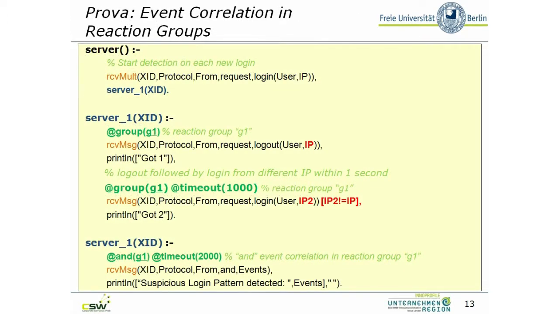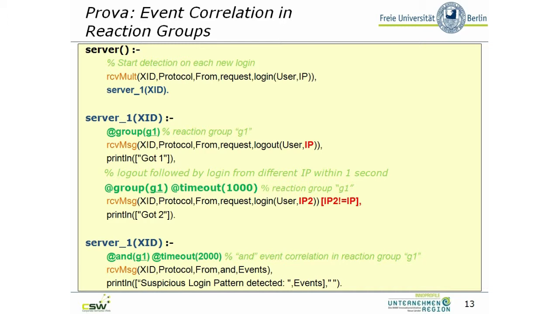This is a Prova example used to detect some suspicious logins, and we can see on the server side, the rcvMult construct is used to receive any number of login events, and after it receives a login event, the predicate server_1 is used to detect further events.